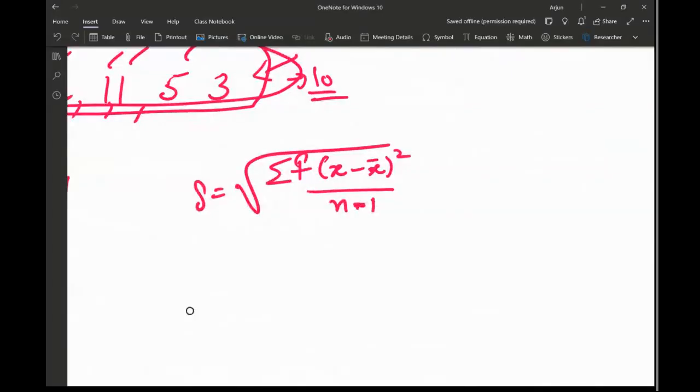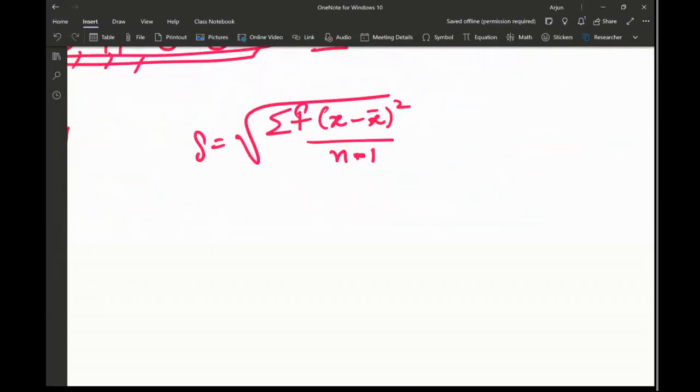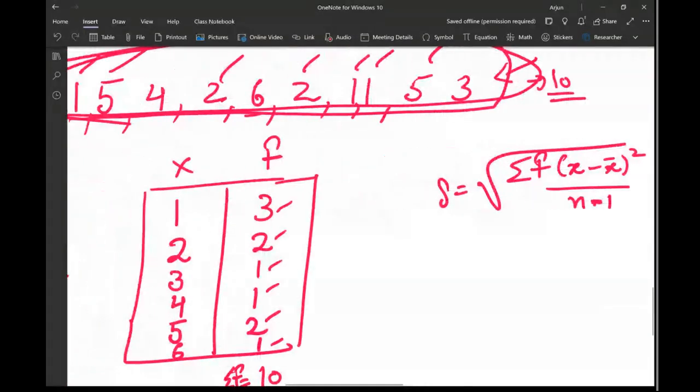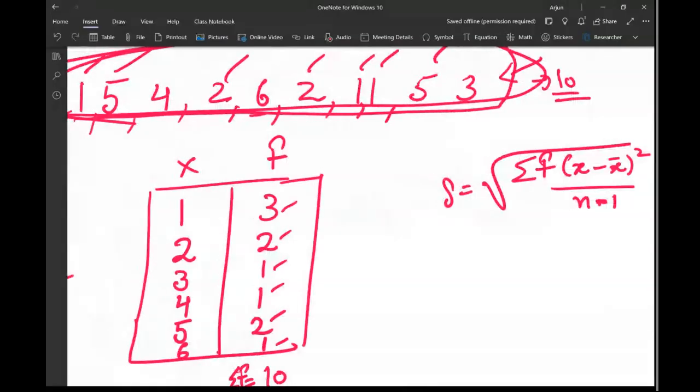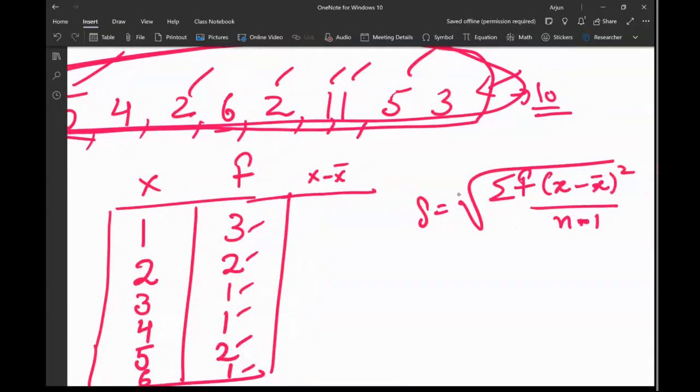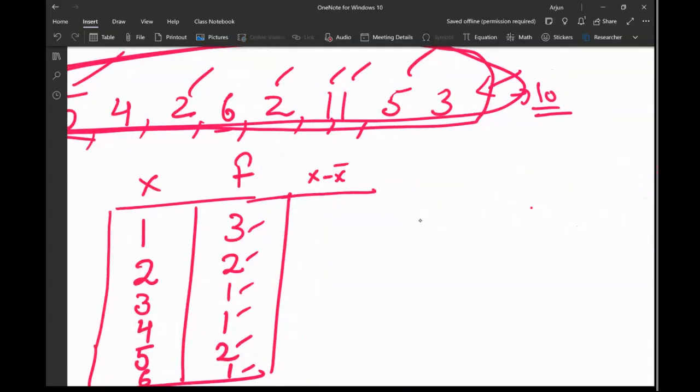Okay, so now what I need to do is calculate, first of all, x minus x bar for these values. I'm going to erase this formula from here to make some space.